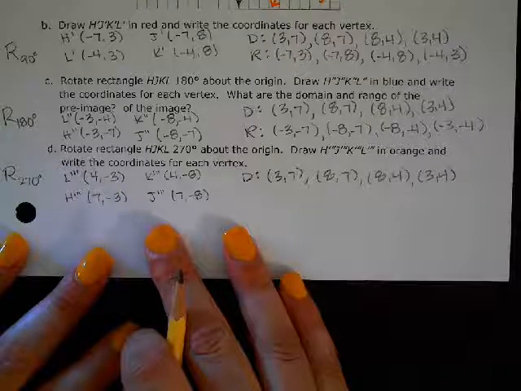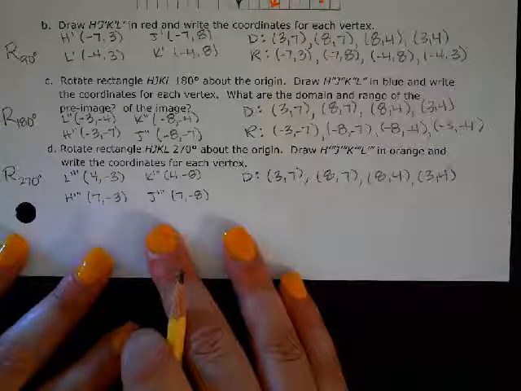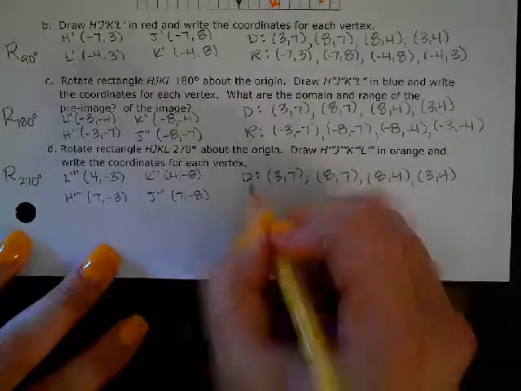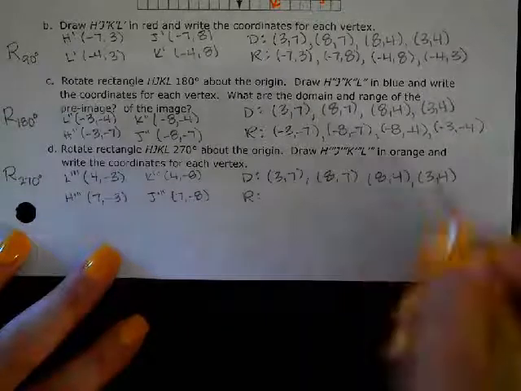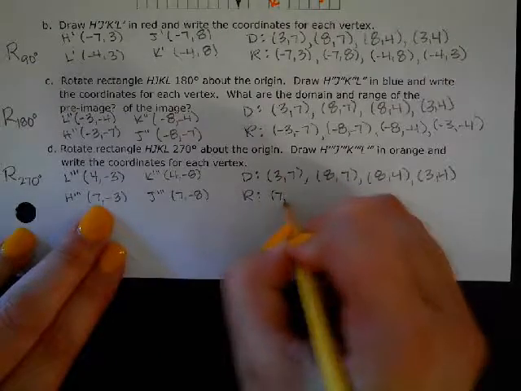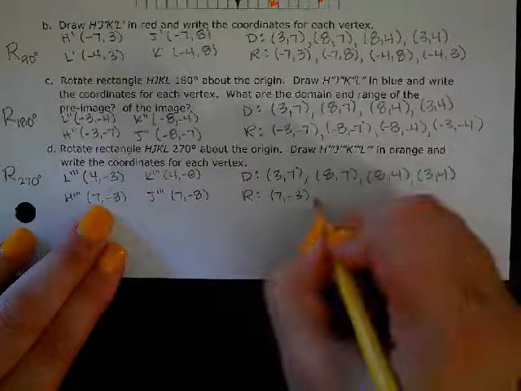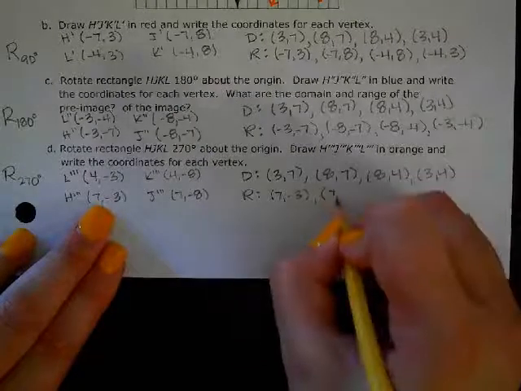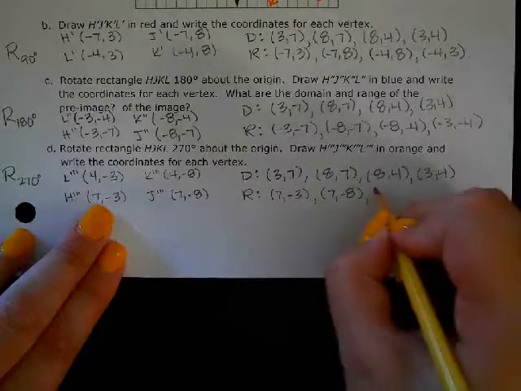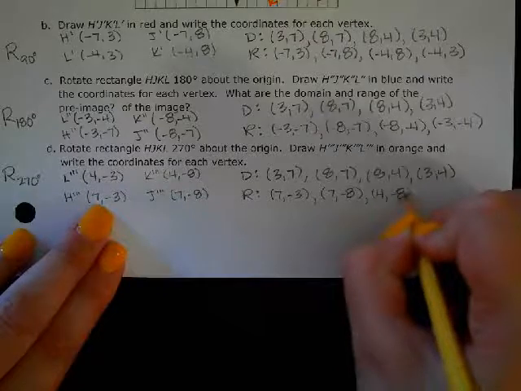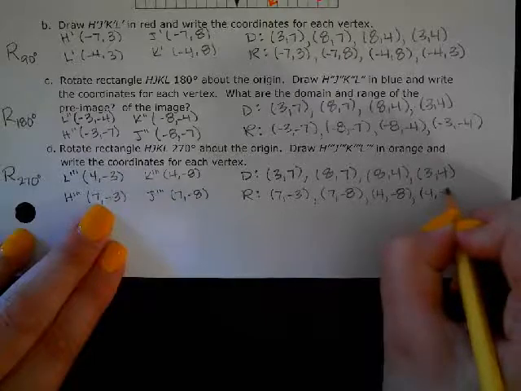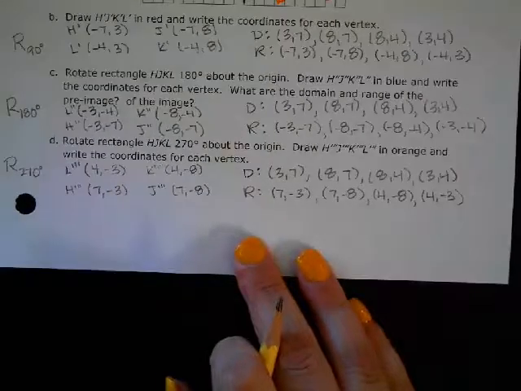And then for this one, we had our inputs, our outputs, 7, -3, 7, -8, 4, -8, 4, -3. Okay. We will come back to those later because they're going to help us come up with our shortcuts.